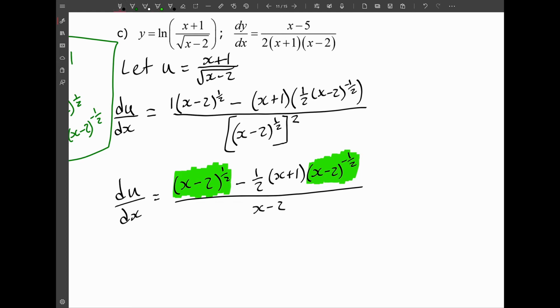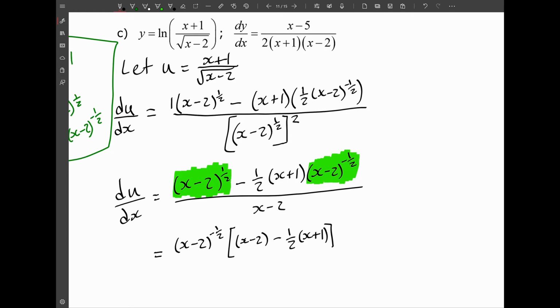I'm going to actually pull out an x minus 2 to the negative 1/2. So what I'm left with is x minus 2 to the power of 1 minus 1/2 x plus 1.